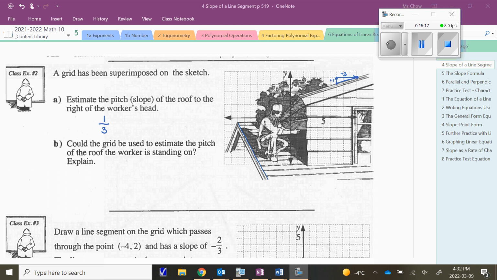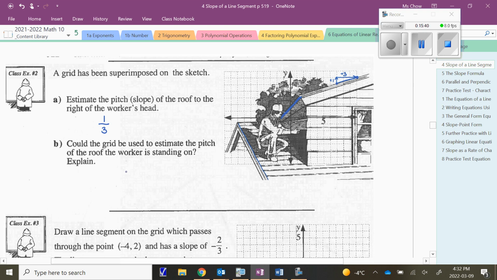Possibly. I think what we need to consider is the perspective that we have. No different than if we're looking at this pitch right here. That's a little bit different as well because of the angle of this diagram. It makes it difficult and thus could cause some inaccuracies.